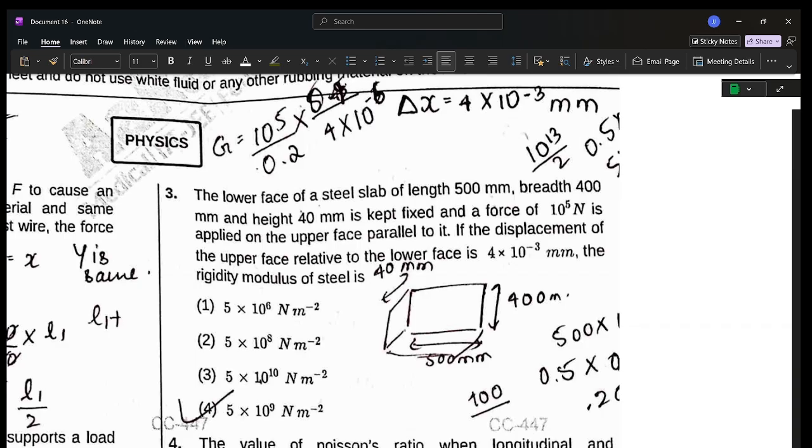So what if I find 10 bar? What the heck? Why am I getting a different answer? How did I get it in the exam and not right now? Okay, I don't think I got it right in the exam as well.